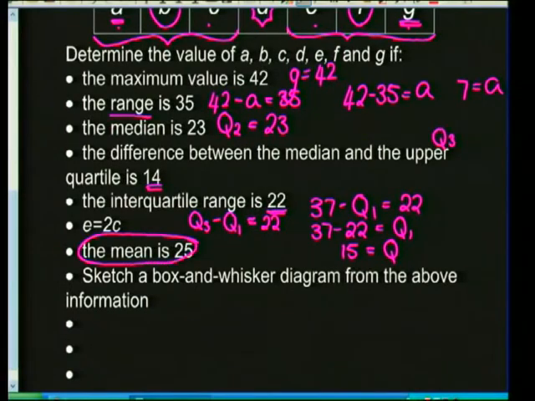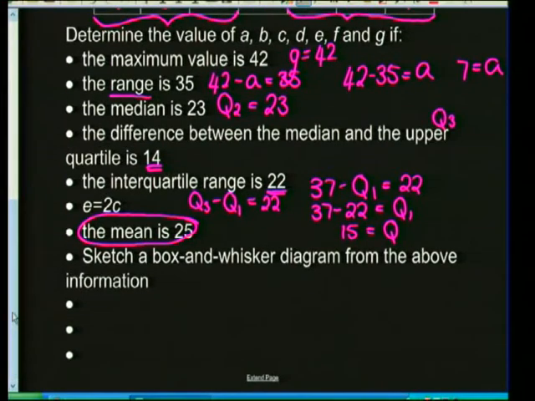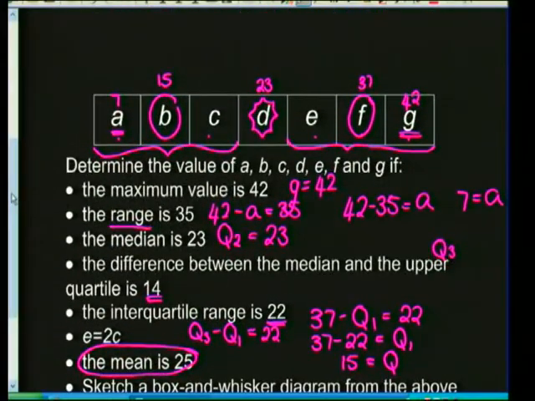Now that's quite interesting, because to find the mean, you would have to add all the values in your data set together, and divide by the number of terms there were. So let's see if that helps us out over here. They've told us that E is equal to 2C. So what I'm going to do, guys, is cancel out that E over there, and replace it with a 2C. Okay?